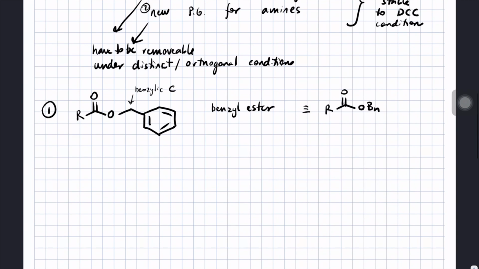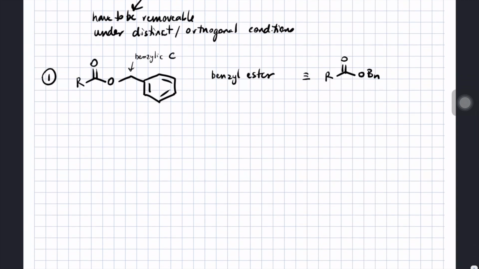You can install it easily on a carboxylic acid by deprotonating the carboxylic acid and then using a very stable reagent called benzyl bromide.